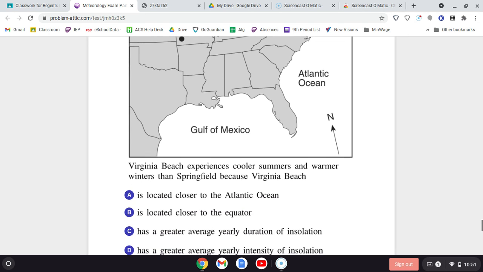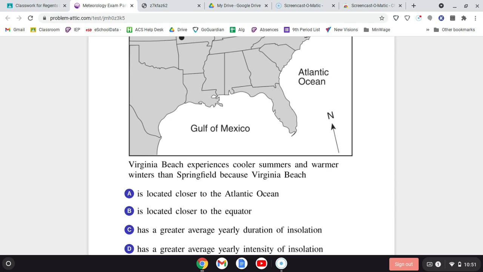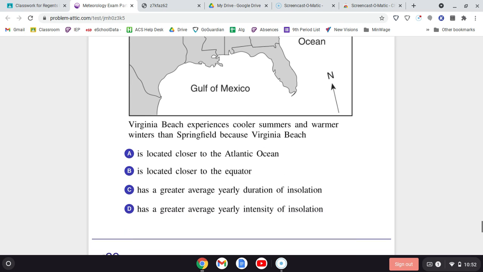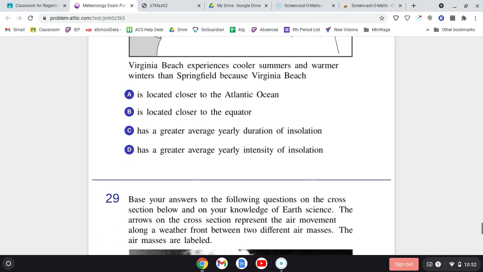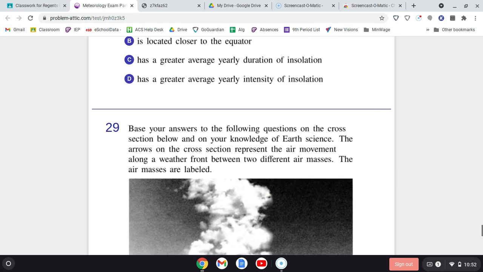So they want to know: is it located closer to the Atlantic Ocean? Closer to the equator? Has a greater average yearly duration of insolation? Greater average yearly intensity of insolation? So why would it be warmer in the winters and cooler in the summers?